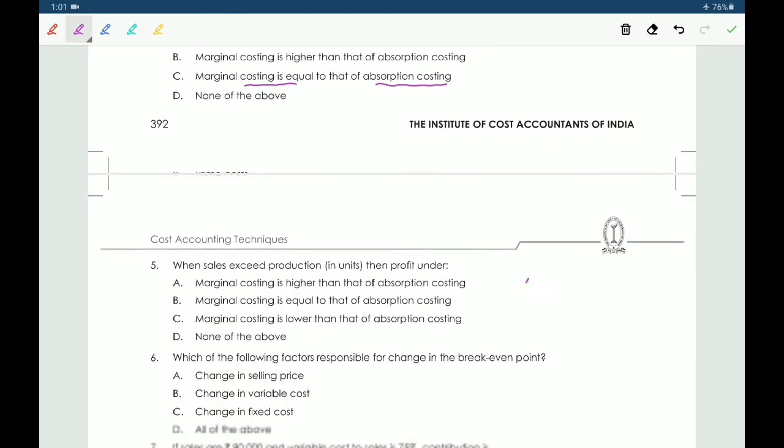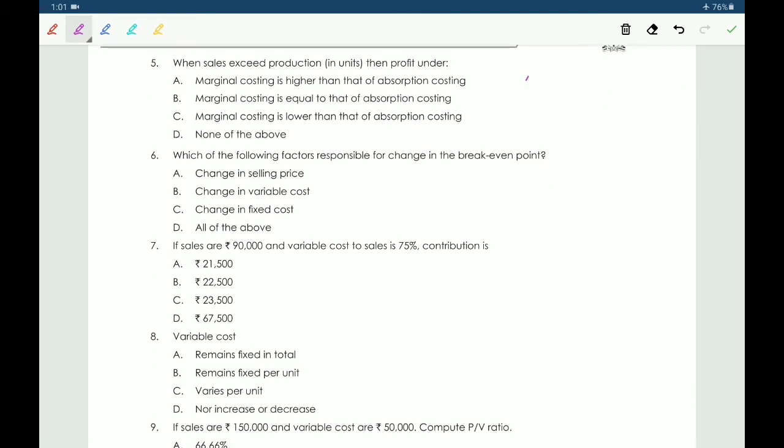Next, fifth one, when sales exceed production in units, then profit under. Option A, marginal costing is higher than that of absorption costing.